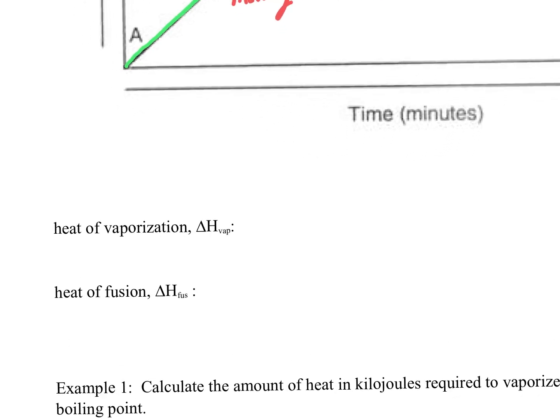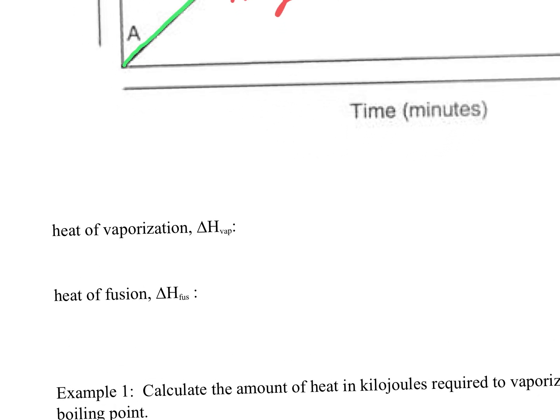We're going to use heat of vaporization and heat of fusion. Okay, heat of vaporization is the heat involved in boiling, and the heat of fusion is the heat involved in melting. Okay, and we have values for that.